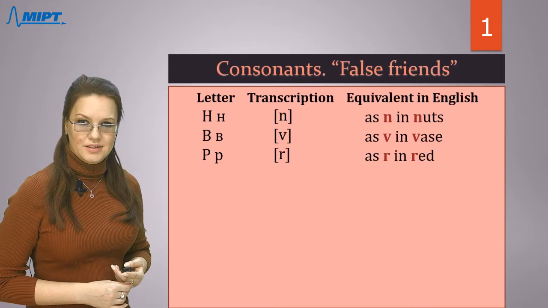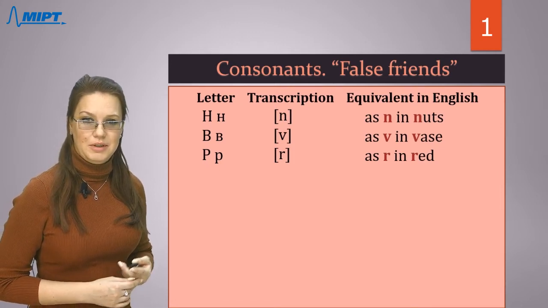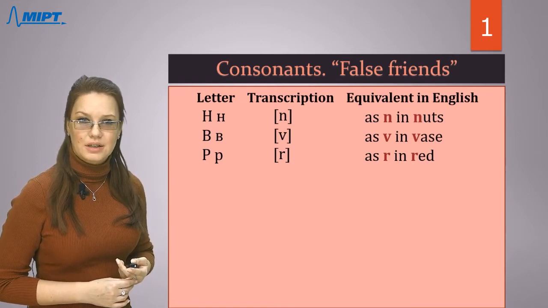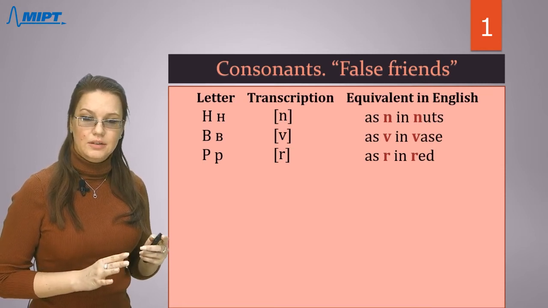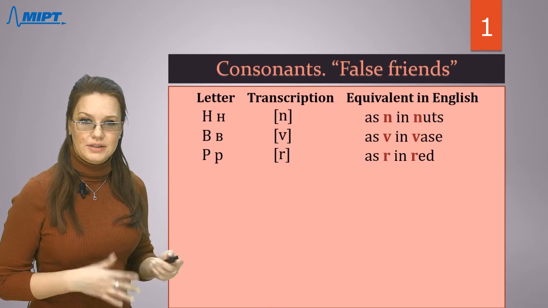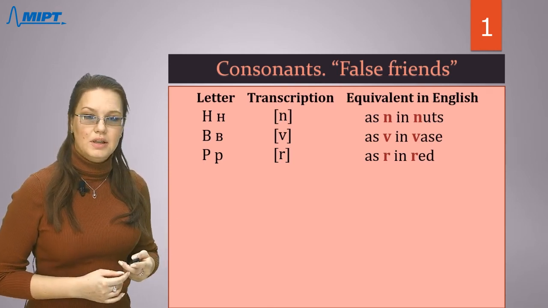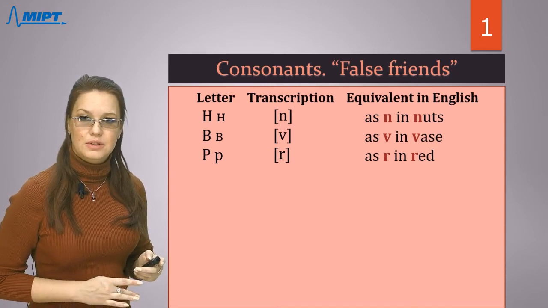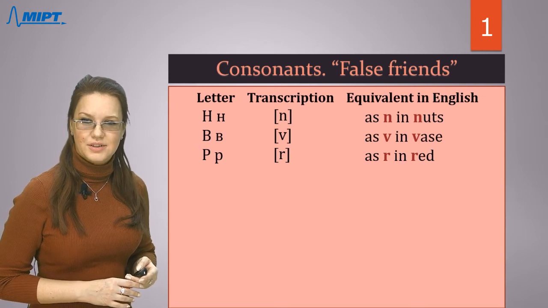The next letter is our special letter, special sound, I mean. The letter is R and the sound is R. This sound is not like English R. Let's try to hear the difference between them. This Russian sound sounds like R, R, like a tiger says.